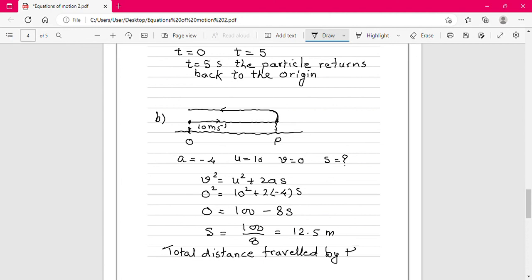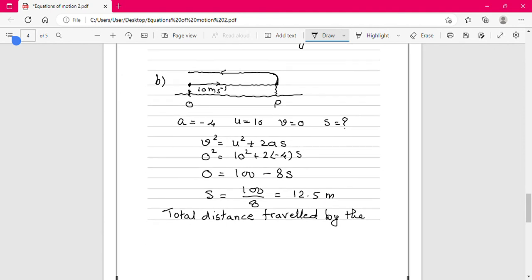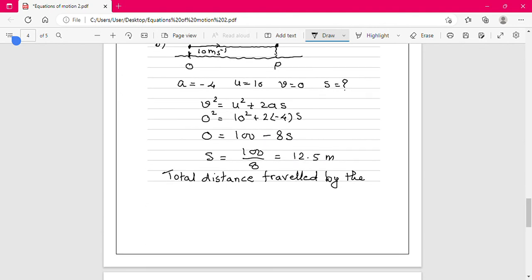Yes, it is moving 12.5 meters in the positive direction and again 12.5 meters in the negative direction. So even though the total displacement is 0, what will be the total distance traveled by the particle?